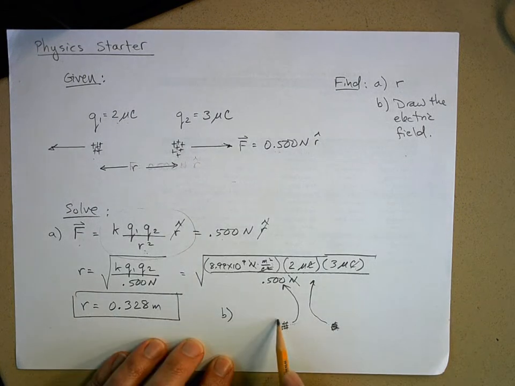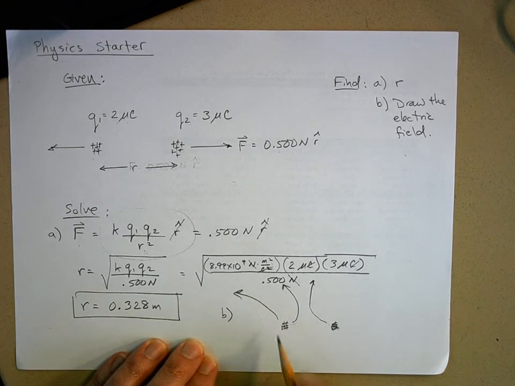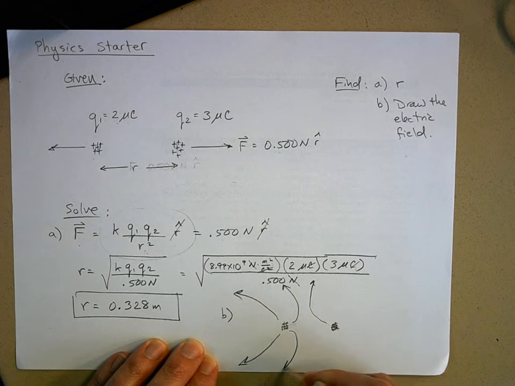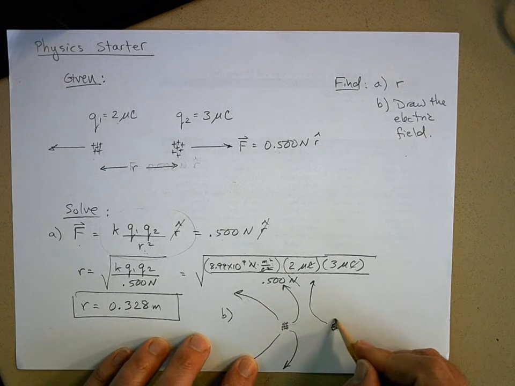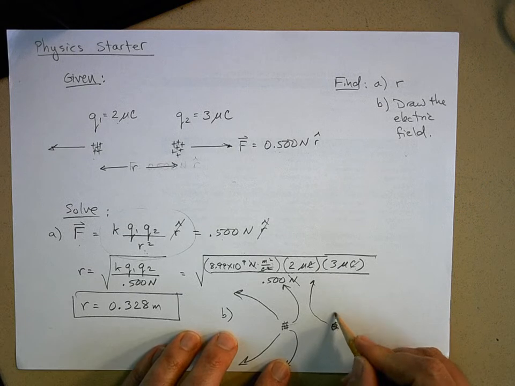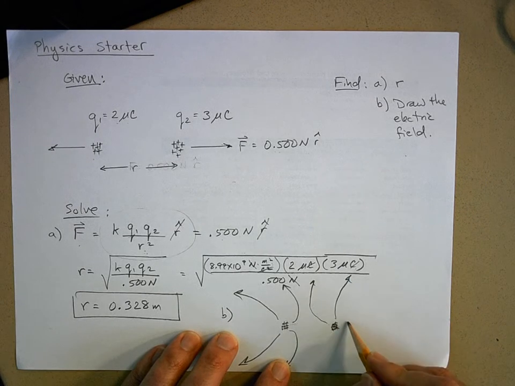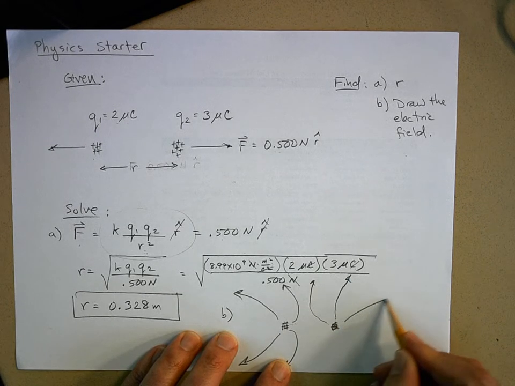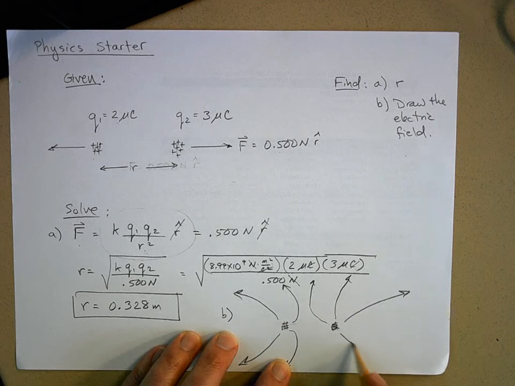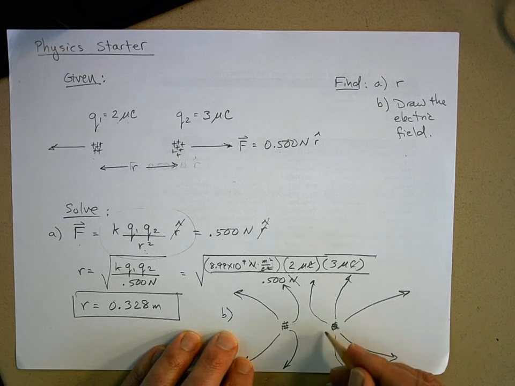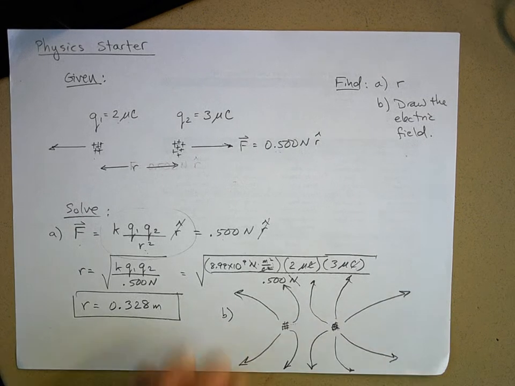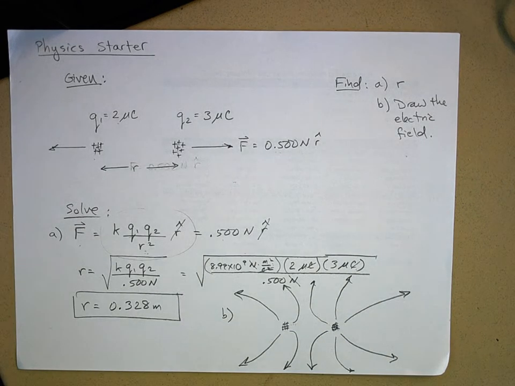So 1, 2, 3, 4. And then this, I'm going to draw more field lines. Okay, and there we go.